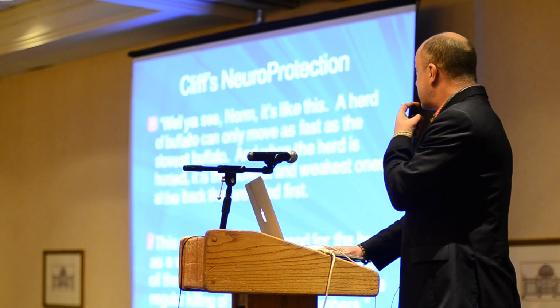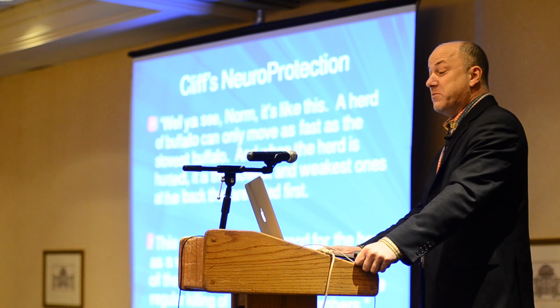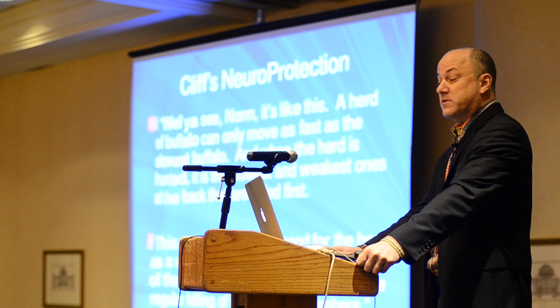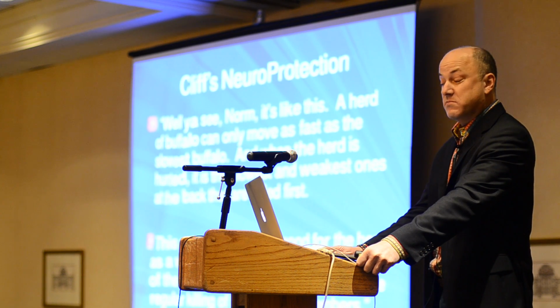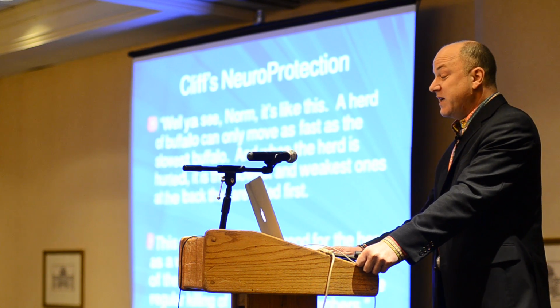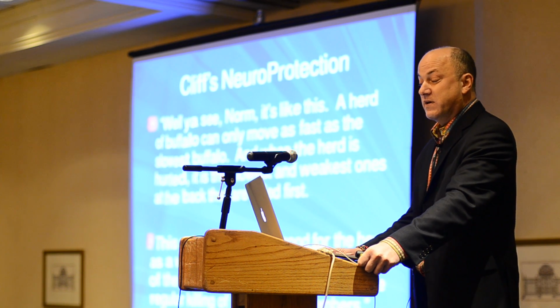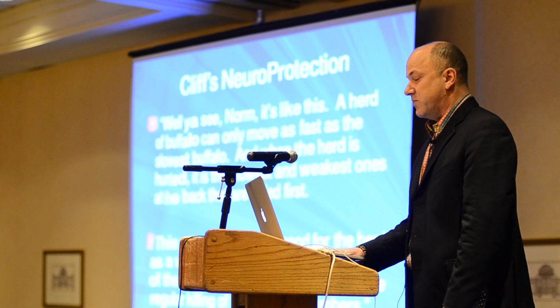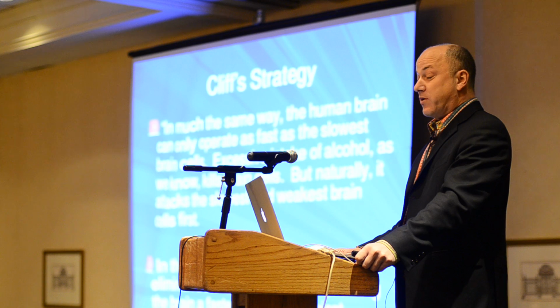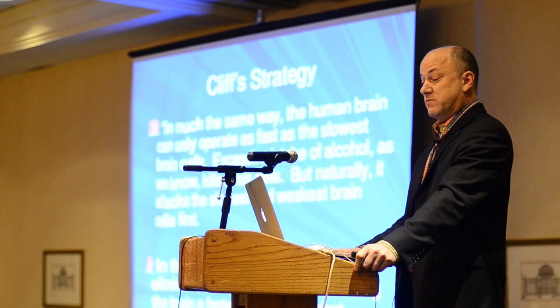Cliff tells Norm, it's like this. A herd of buffalo can only move as fast as the slowest buffalo. So when the herd is hunted, the slowest and weakest ones at the back are killed first. This natural selection is good for the herd as the whole speed and health of the group is improved because of the regular killing of the weakest members. In much the same way, the human brain can only operate as fast as the slowest brain cells.